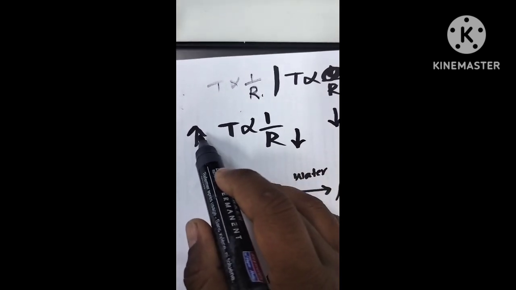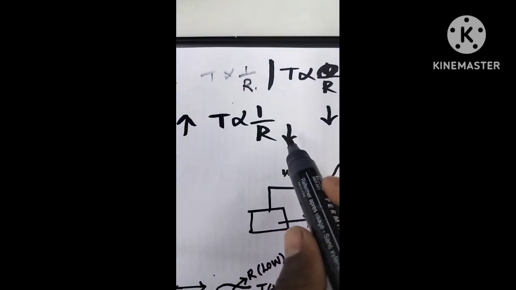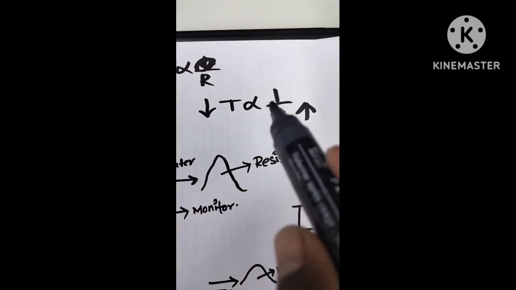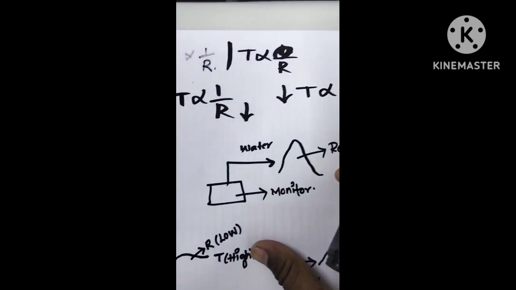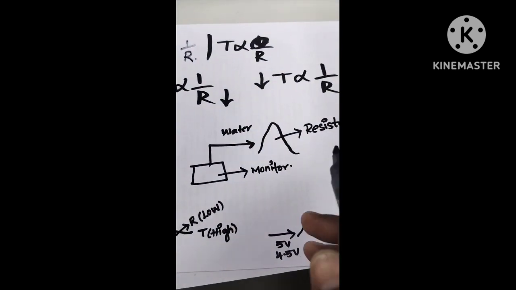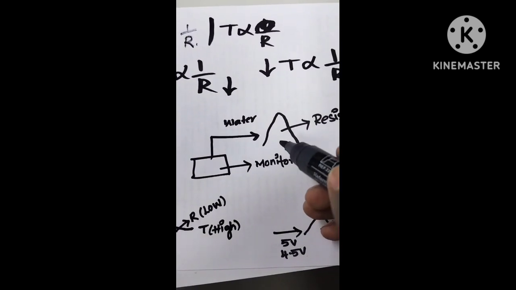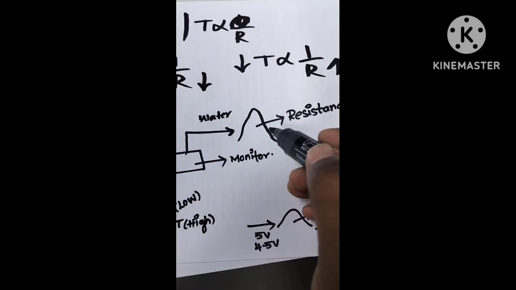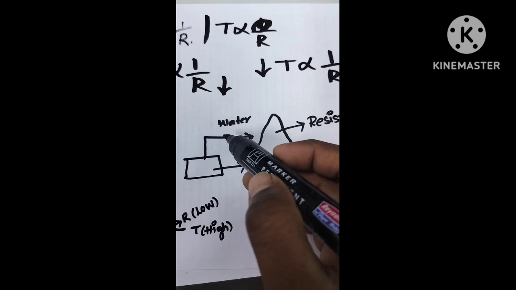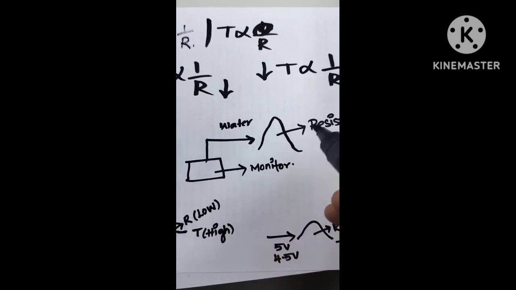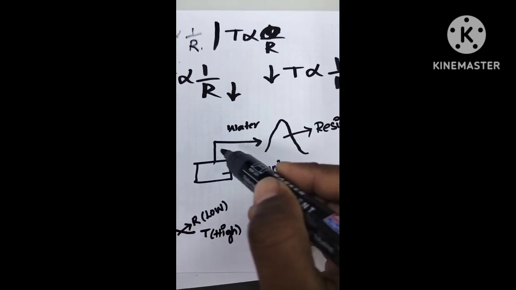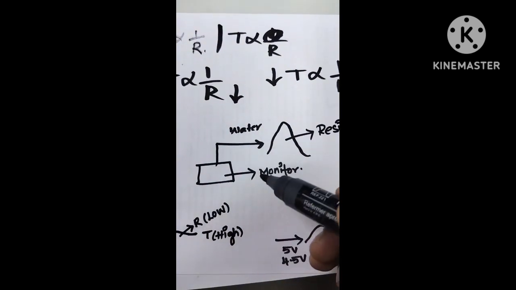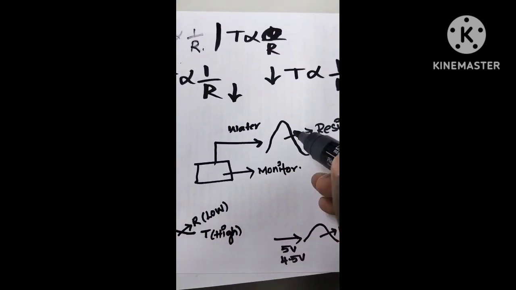When the temperature is high, resistance will be low. When the temperature is low, resistance will be high. How can I explain? From this you can clearly observe that when the resistance is high, there will be no flow of electrons, and when there is no flow of electrons, there will be no voltage drop.